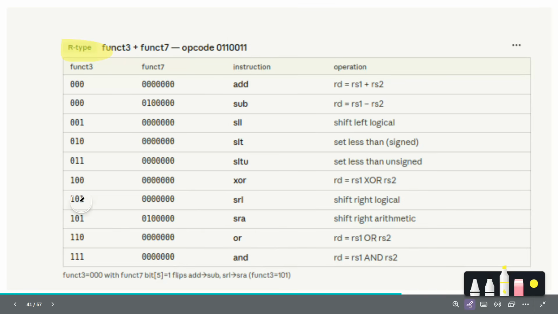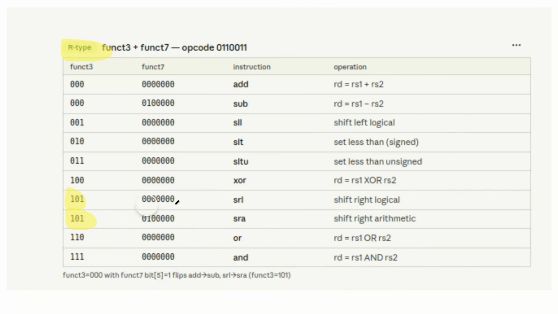For SRL and SRA, both have the same function 3 value, 101. So whom do you choose? SRA has function 7 values, like how it was for subtraction, right? So you have understood that part, right? R type instruction is what we are going to cover right now. I hope you have understood this part.